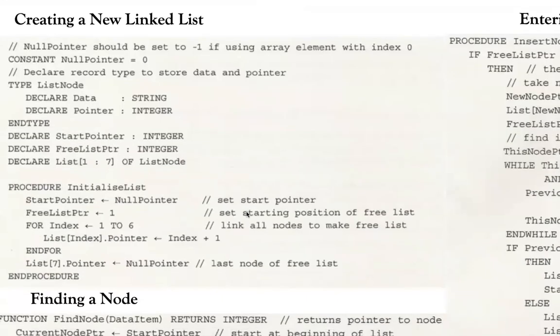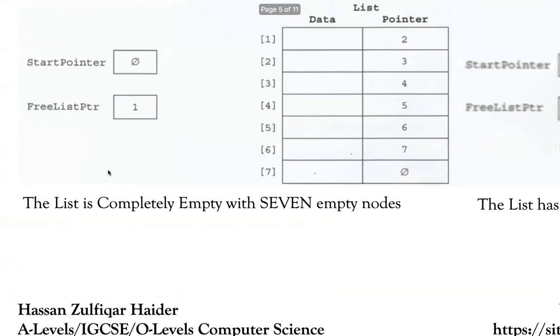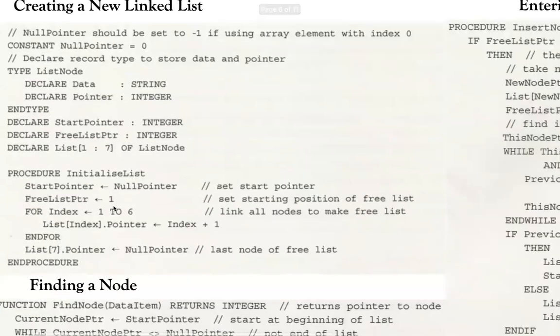So the procedure for doing that is, first of all, I assign my start pointer as null pointer because there is no data, there are no used nodes currently. As mentioned before, if my linked list is empty, start pointer should have null in it. That's why null pointer is being assigned to the start pointer. Secondly, my next available node should be one, as mentioned over here. So that's why one is being assigned to free list pointer.